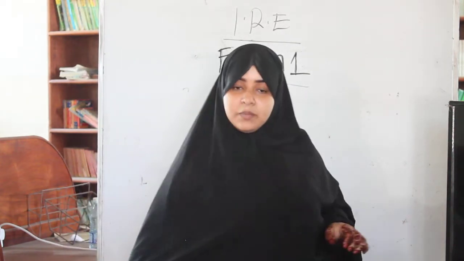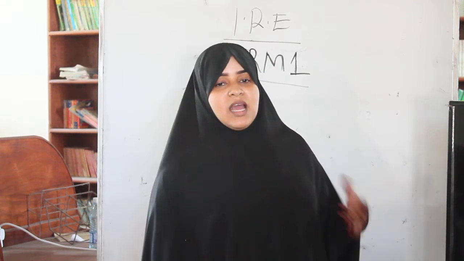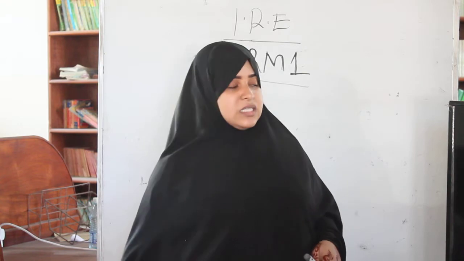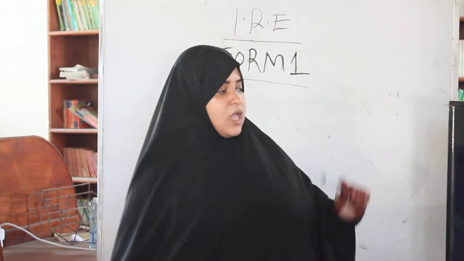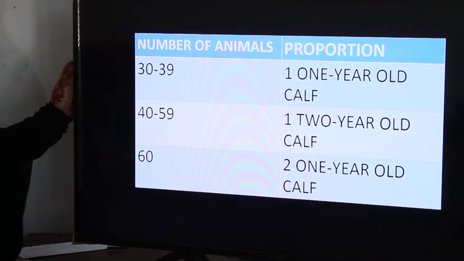The cows and the buffaloes are classified together, and the recommended rate is: if you have 30, we are saying 30 is the nisab. Here 30 is the nisab.